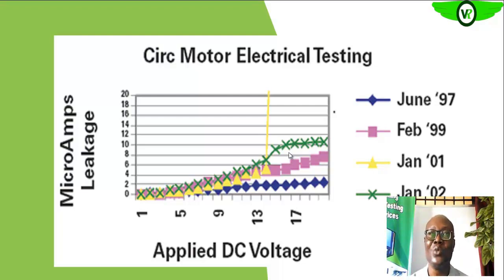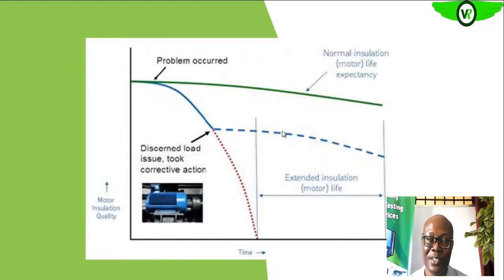So when you make your measurement, you test on a particular equipment and then you trend, you come to know the behavior of that particular equipment as regards those parameters that you are looking at in each of your tests. So this is similar to what we described earlier to highlight the importance of trending your test results.